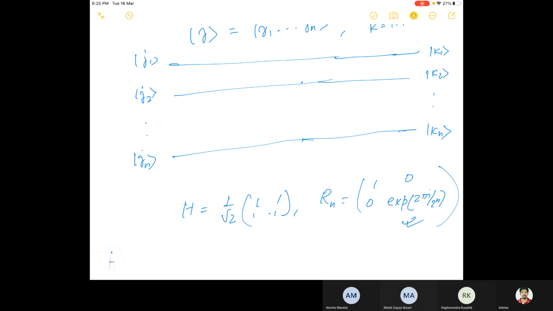Let me just draw the circuit, and then you'll see why. So let me write the circuit here. This is H, and this will be, okay, my space is very small here, dot dot dot Rn minus 1, Rn, and this is controlled by this.